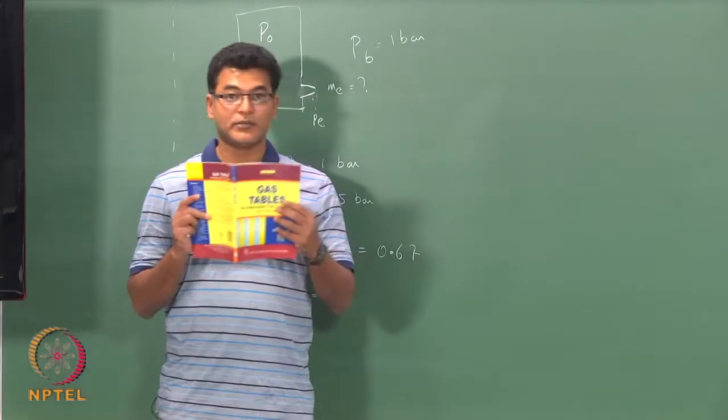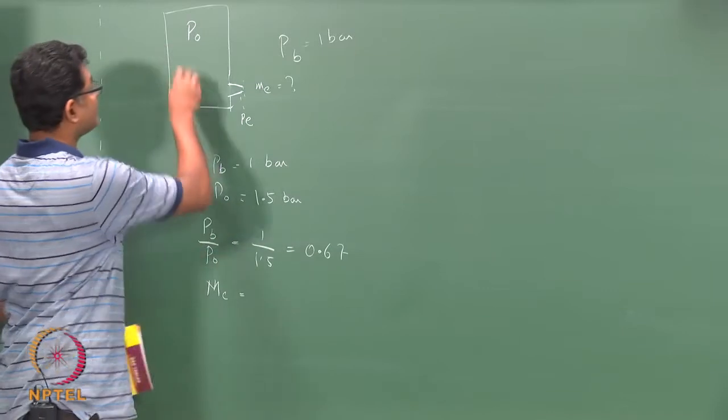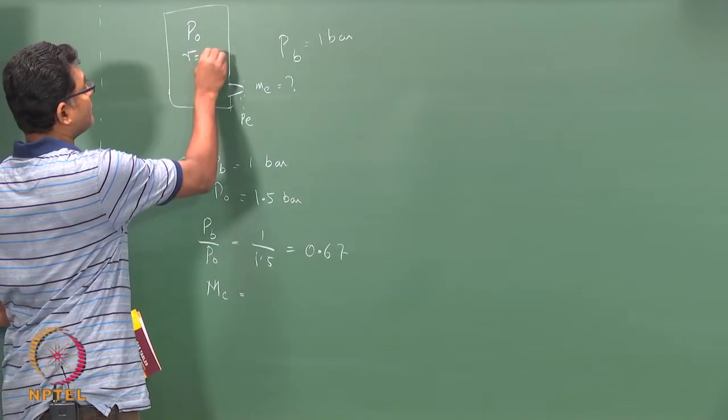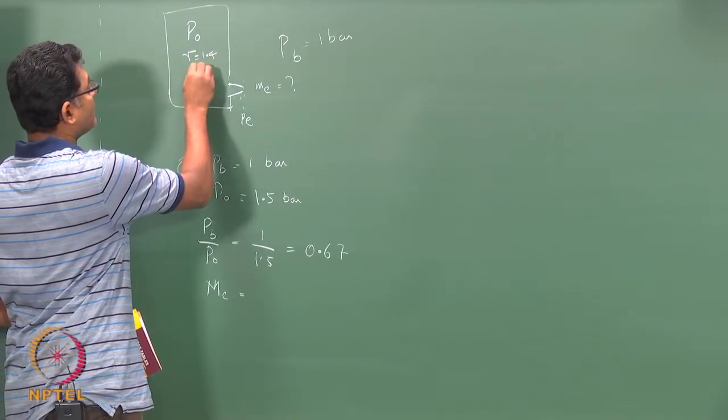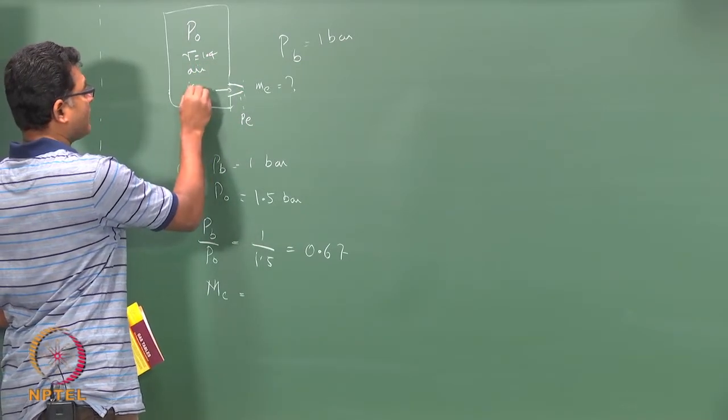I take the isentropic tables, look for gamma equals 1.4 because I assume the fluid to be air inside the cylinder and the process is isentropic.